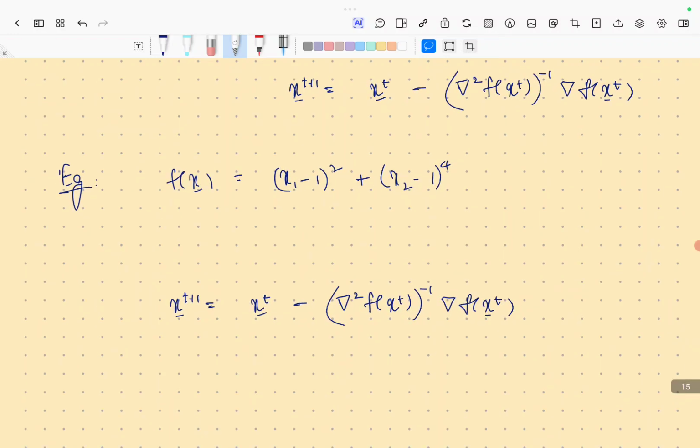This is Newton's method, whereas gradient descent is x_{t+1} equals x_t minus some delta times the gradient of f at x_t. In Newton's method, I have this multiplication by this inverse matrix. It not just scales the gradient, but it also rotates it. So the directions that Newton's method and gradient descent take could be different. That's something very important to note.